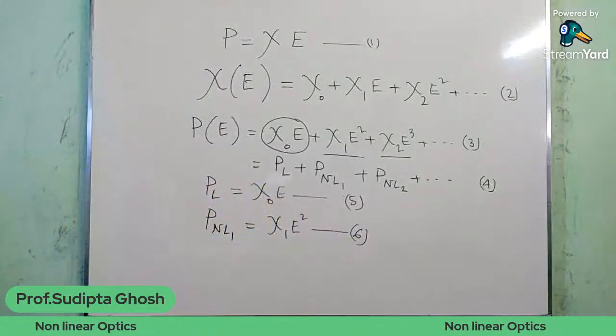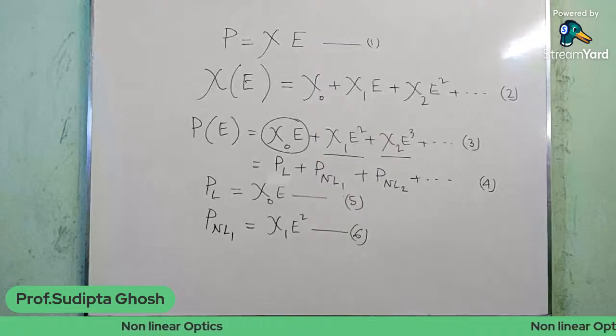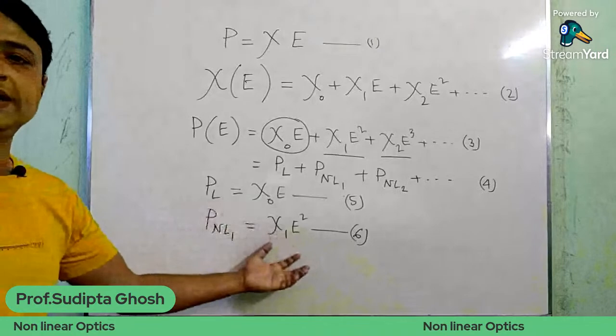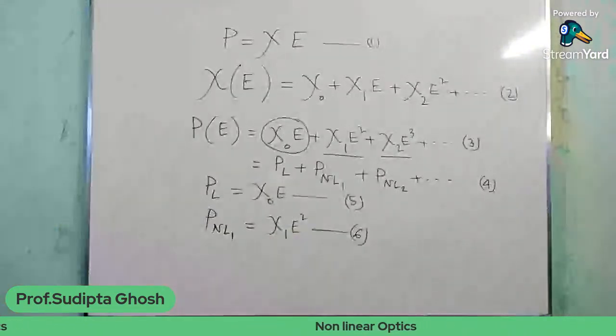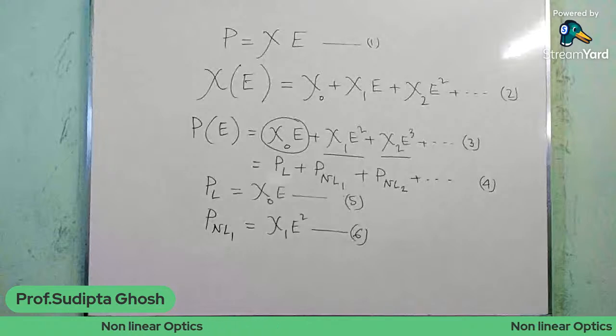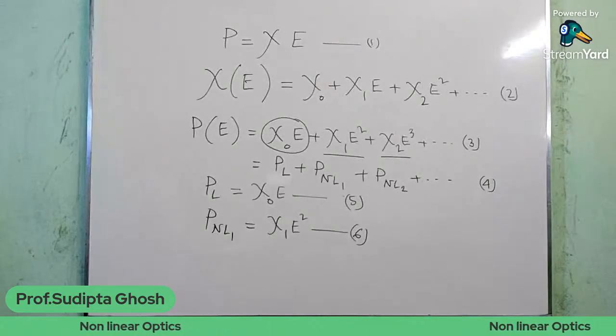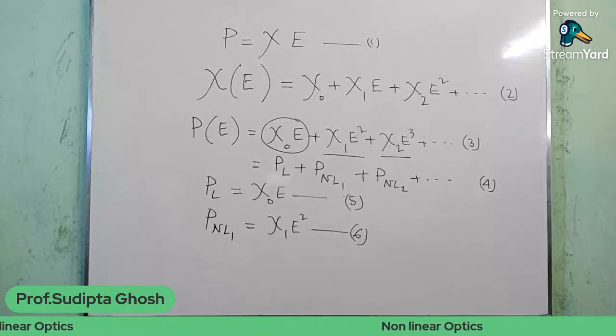Now this is the first order non-linearity, shown in the interaction of an intense polarized laser beam with an optical dielectric material. Here chi 1 is the first order non-linear susceptibility term.